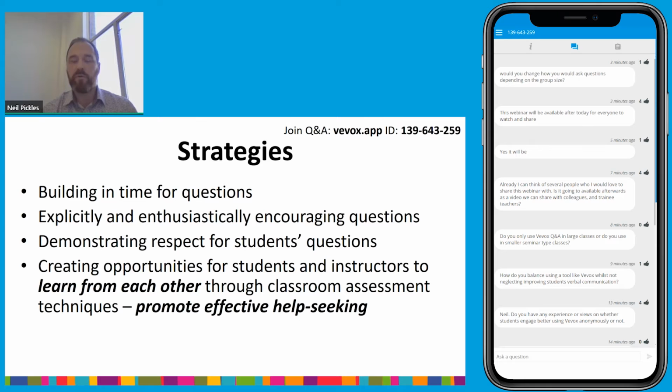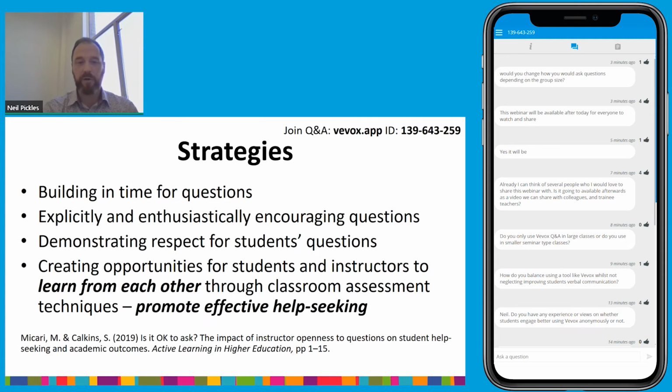And the most important thing is that we want to promote effective help seeking. If people want help, we want to make sure that they feel comfortable to ask for help, and that might be through asking questions. And this is a really useful article that was recently published, which you may want to have a look at.